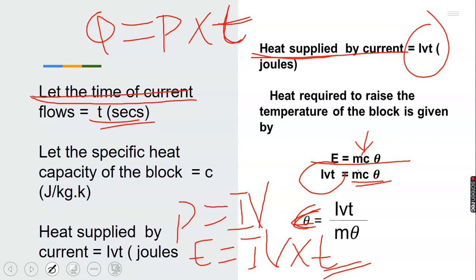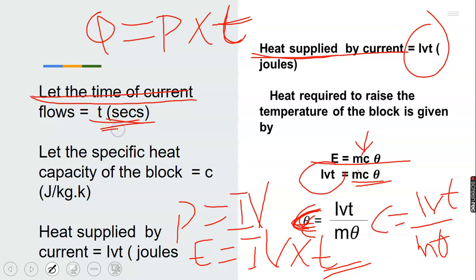This one should be C because we are looking for the specific heat capacity of the material. Now, when you make C the subject of the formula, you have C equals IVT over m theta, and the time is always in seconds.